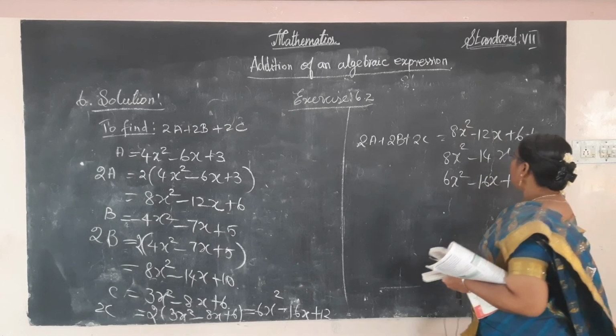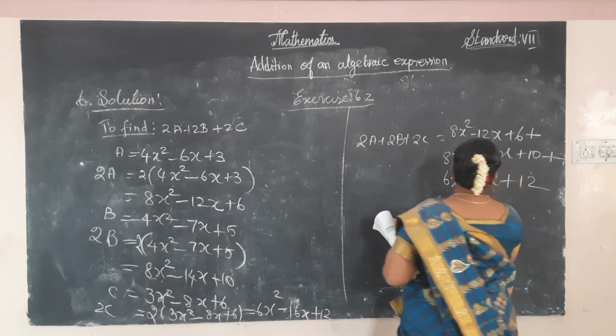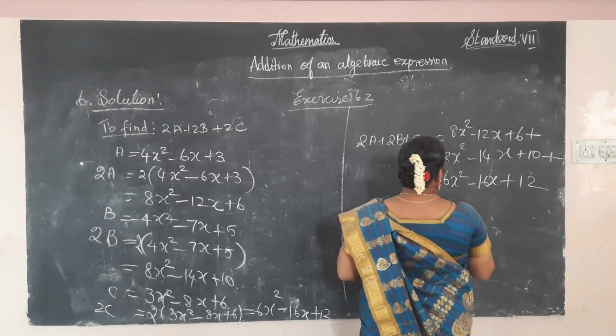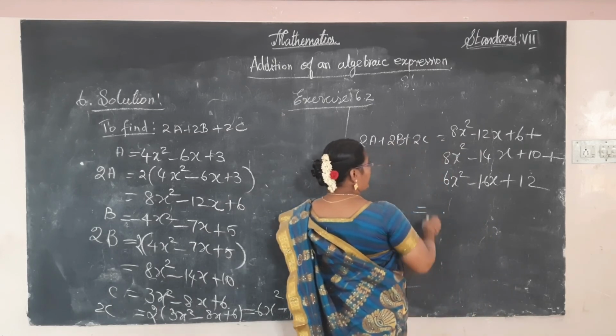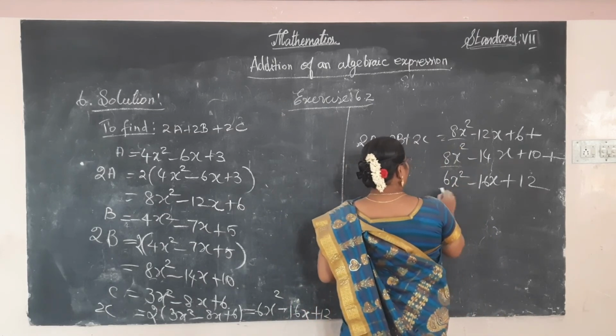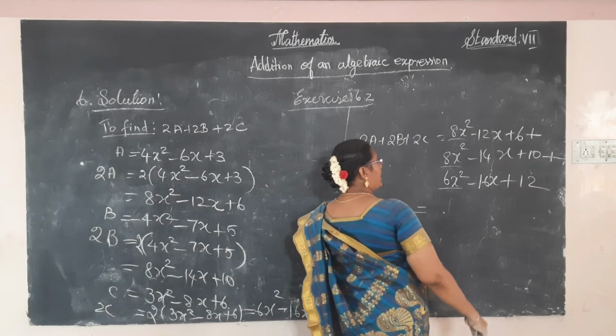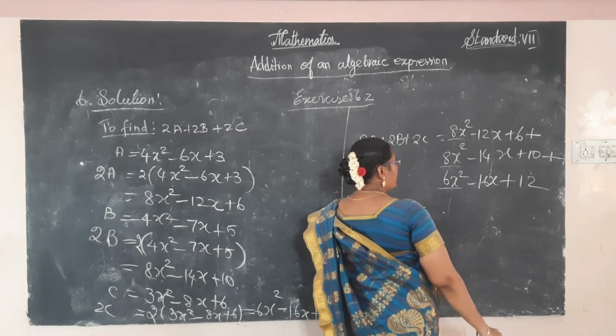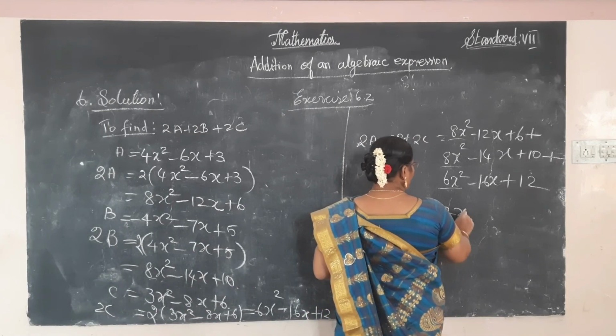Add the like terms. So add the values 8x squared plus 8x squared plus 6x squared. 8 plus 8 is 16, 16 plus 6 is 22x squared.